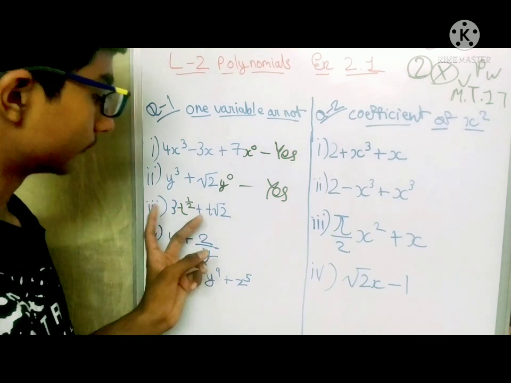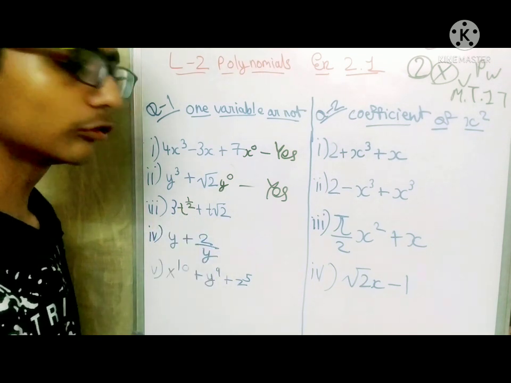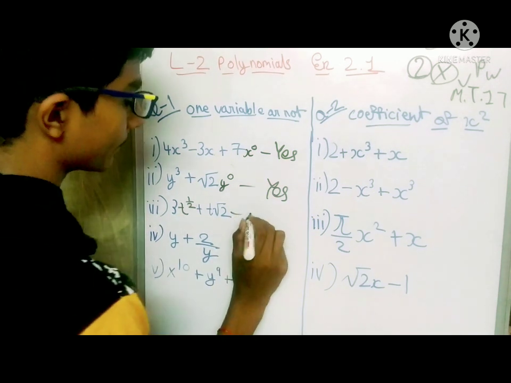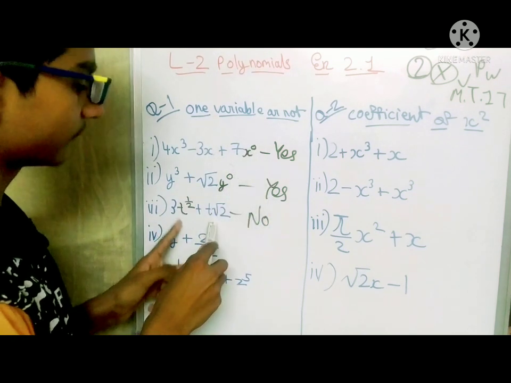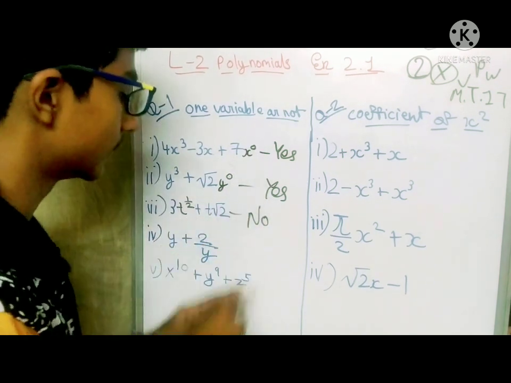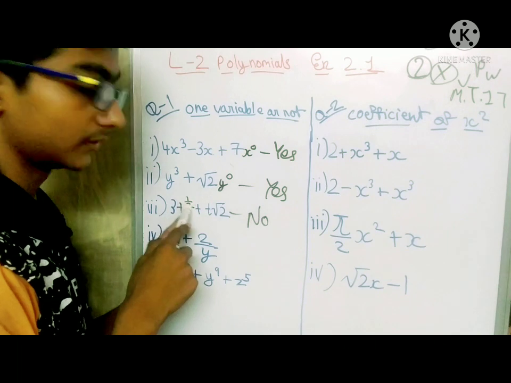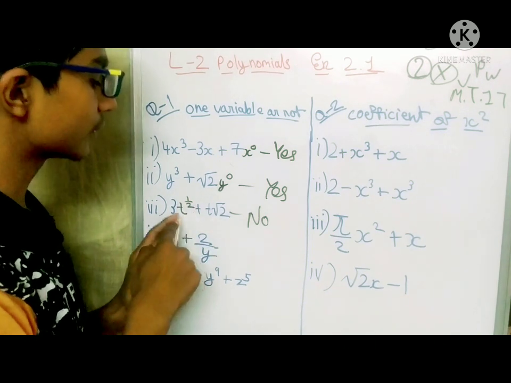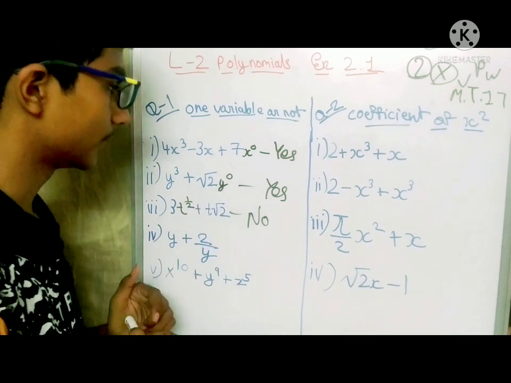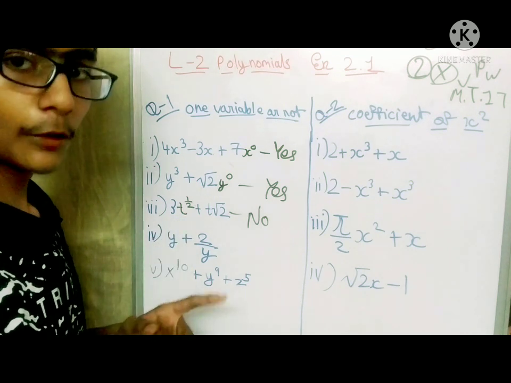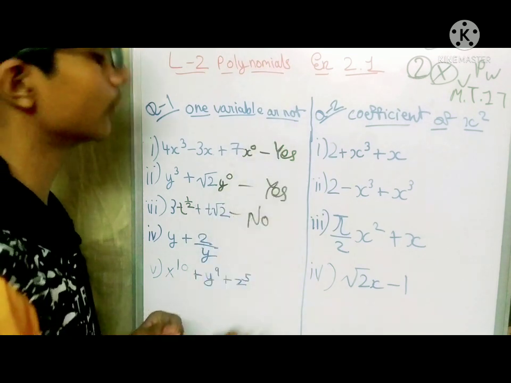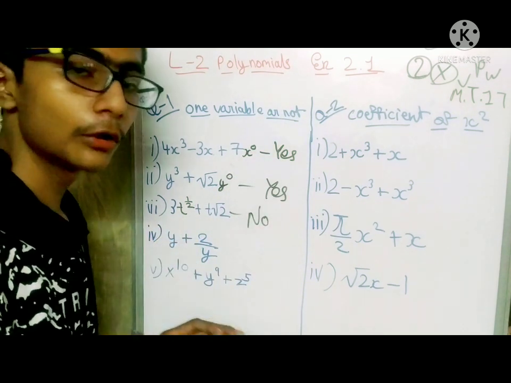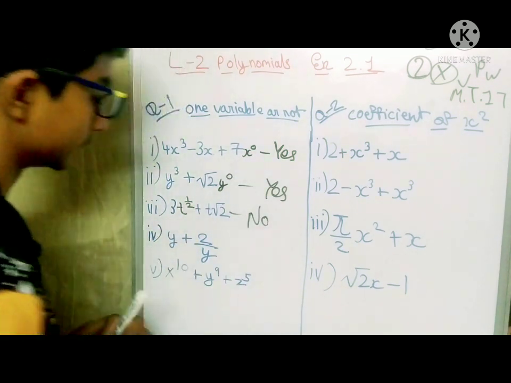So this has two terms, but the power is not a whole number. There is one variable, but the power is not a whole number. So this equation is not a polynomial. In the question you have been given polynomials, and whether the polynomial has one variable or not. This is no more a polynomial, so the answer will be no.